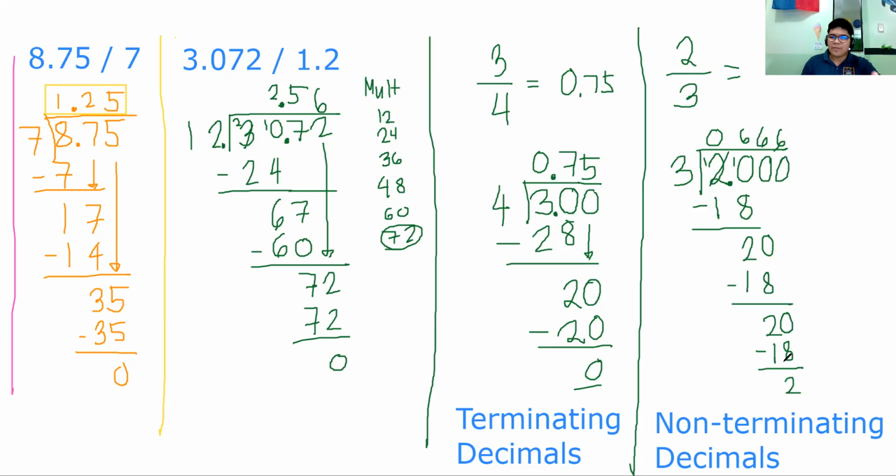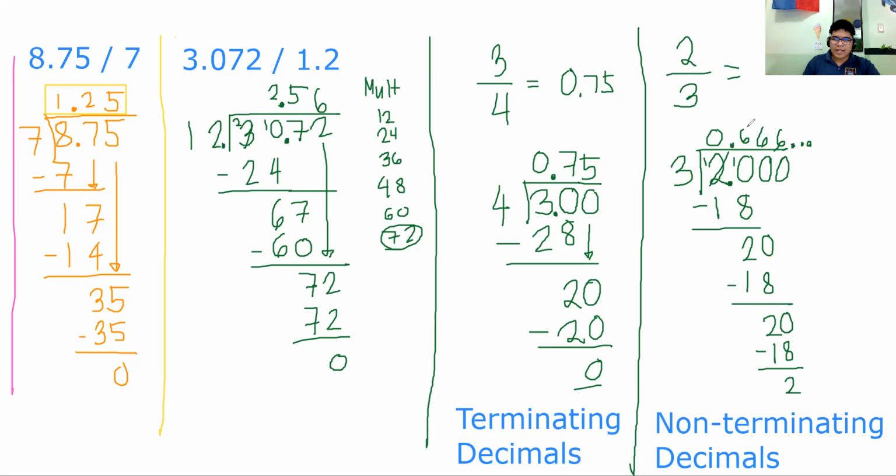So it's a non-terminating decimal, it does not end. It's 0.66666. Let's put the decimal point on top. The answer will be 0.6666 dot dot dot. It will never end. It will just be 6 forever.